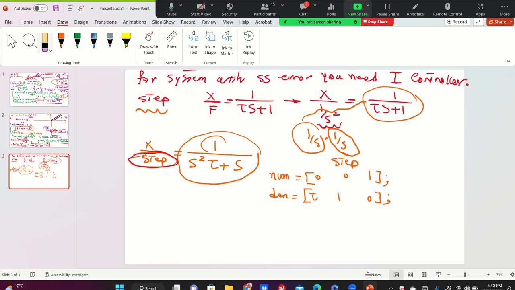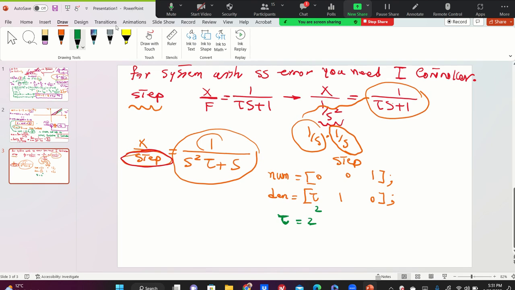I'm saying reformatting, reshaping the transfer function, not simplifying. For example, I'm saying tau, the time constant of the spring and damper, is 2, just putting the number 2 here. But let me go to MATLAB and then I continue for the parabolic input.